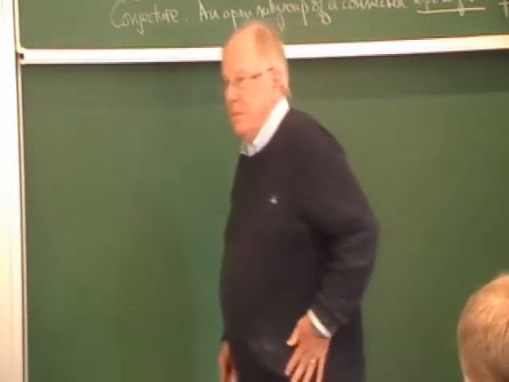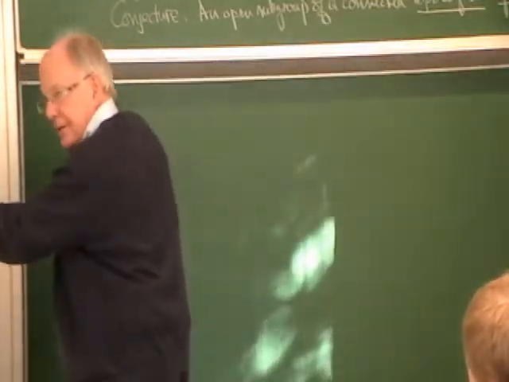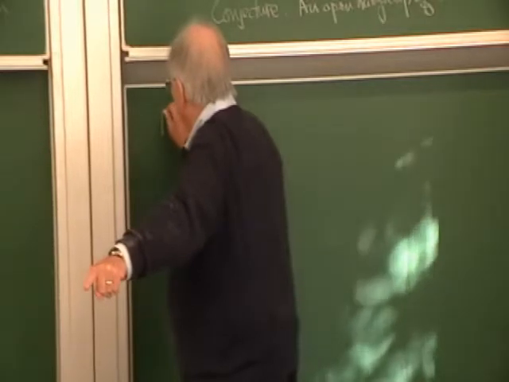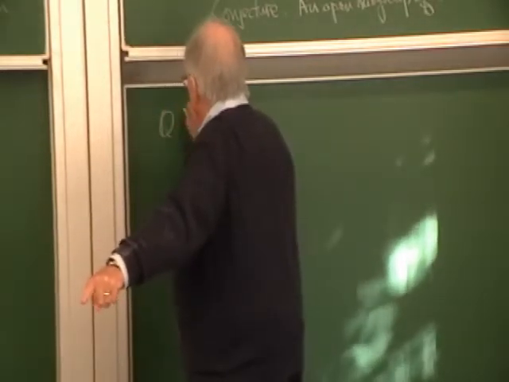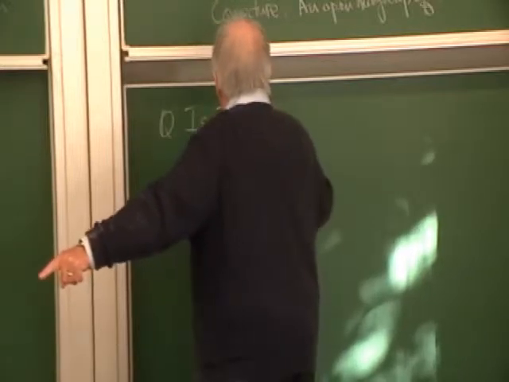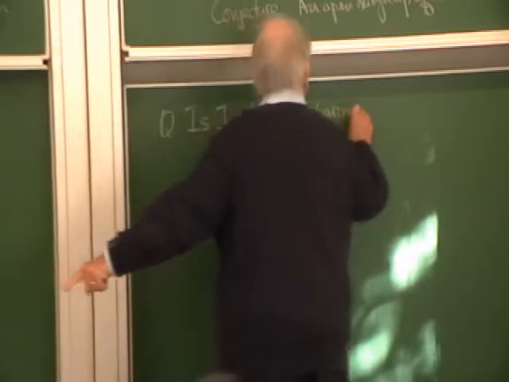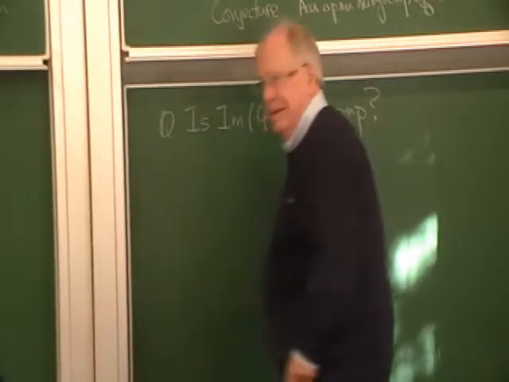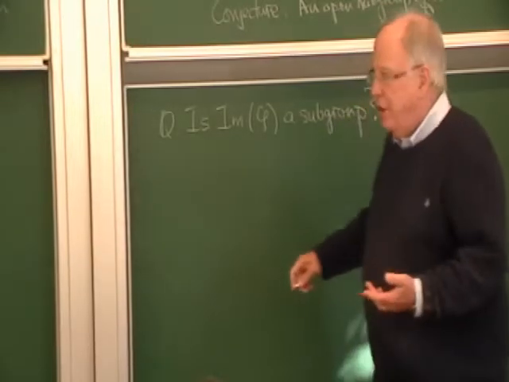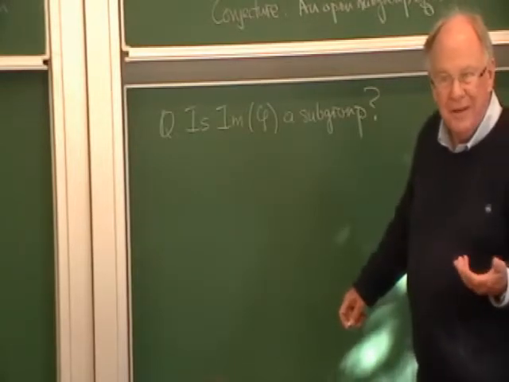I prove it. And now, all of this, you can ask your own questions here. Recall, you've probably asked the question, is the image of a homomorphism a group, a subgroup? You probably asked that question, and it should be, and it's gonna be yes. You just follow your nose, and the answer is yes.